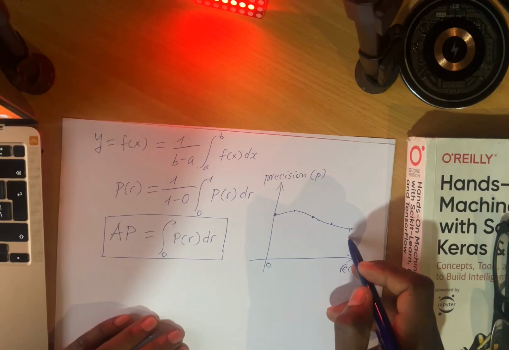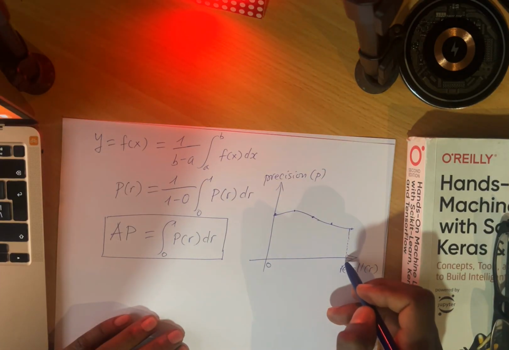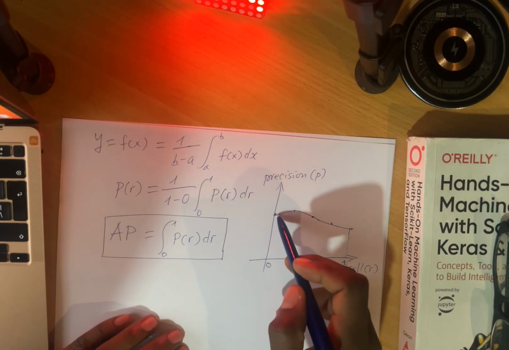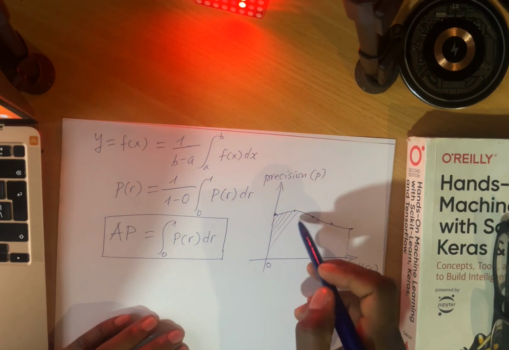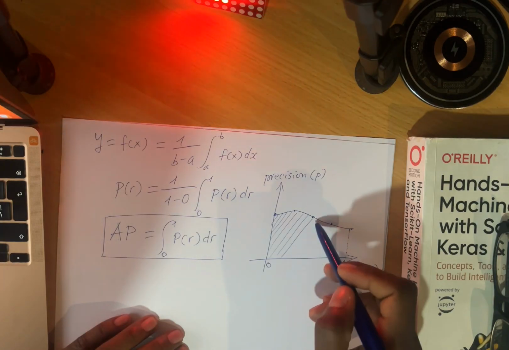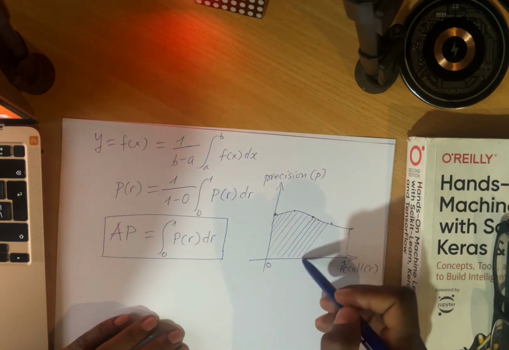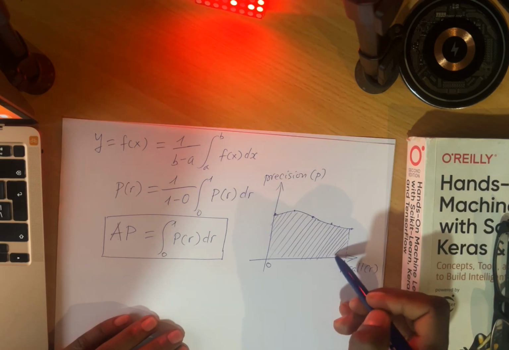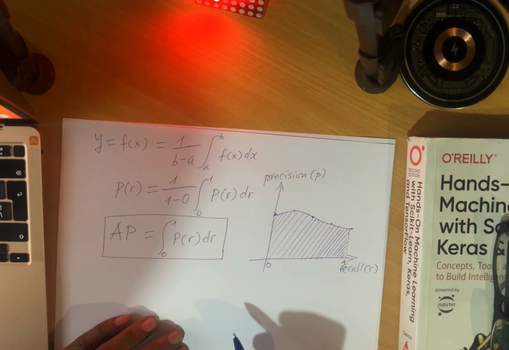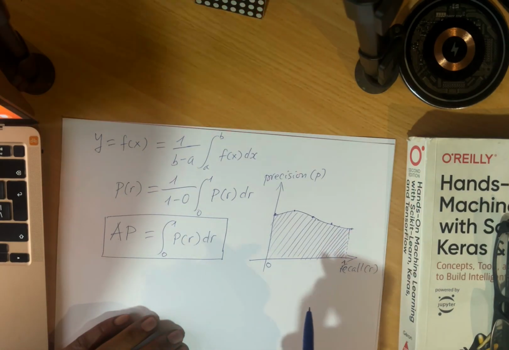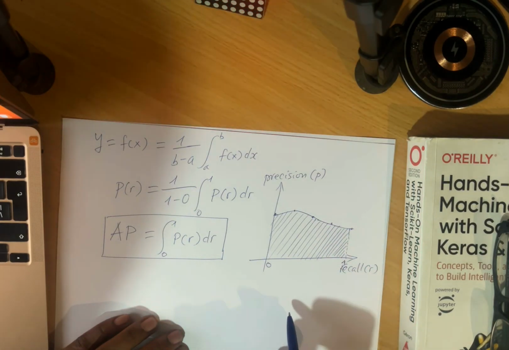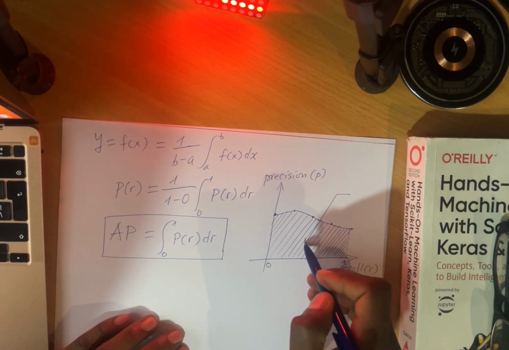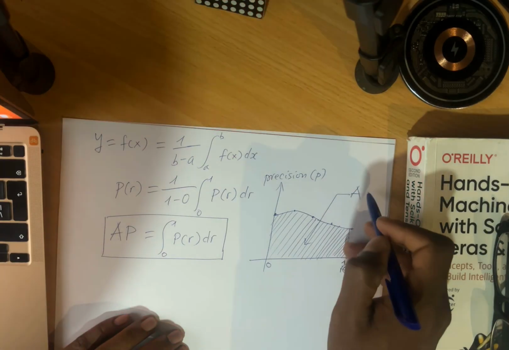Let's say 1 reaches here. So we want to calculate this area under the curve. The calculation of this area, that's the AP.